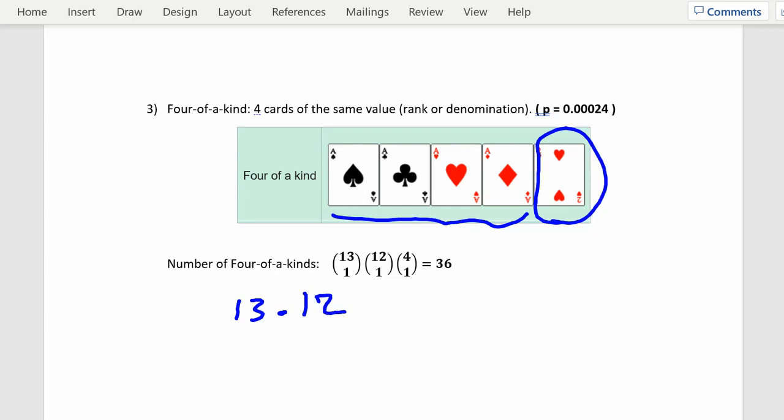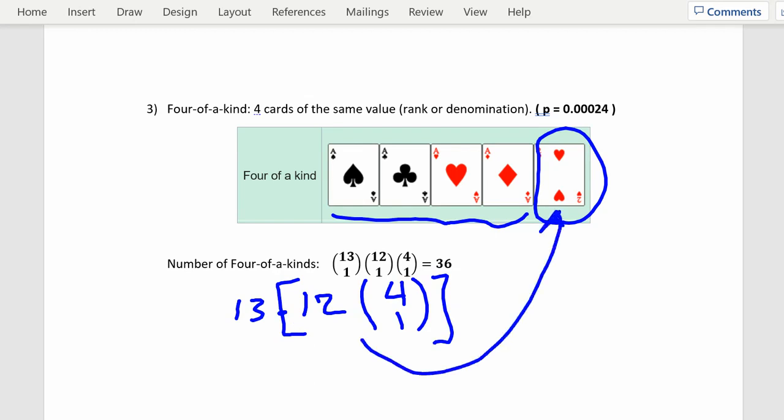And because there are 4 suits, it could be any one of those 12 in the 4 suits. So there you go, that would be just for this 5th card. The 13 is how many ways you can have 4 of a kind, the first 4 cards. Okay, and then you put these together and it adds up to 36.